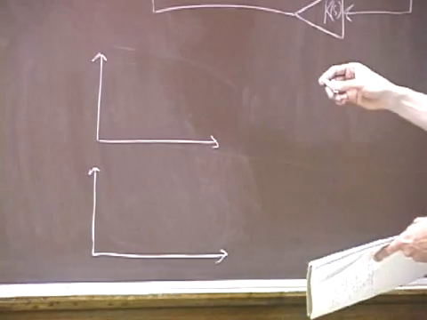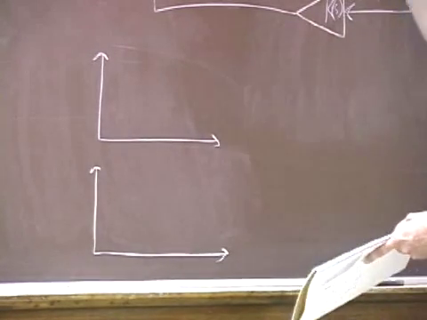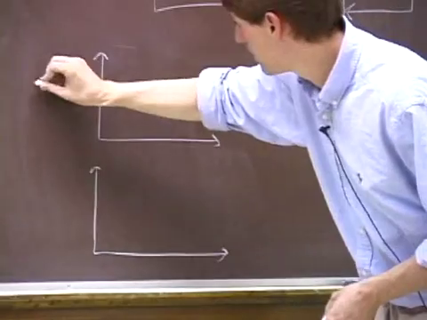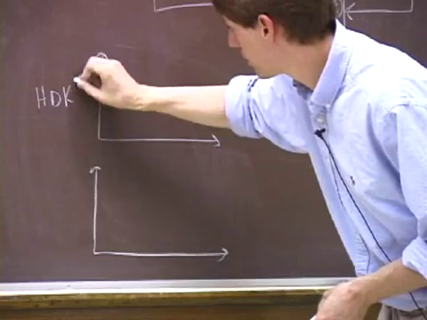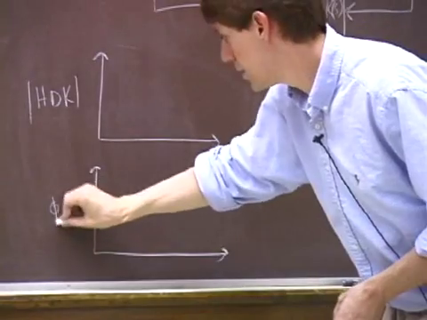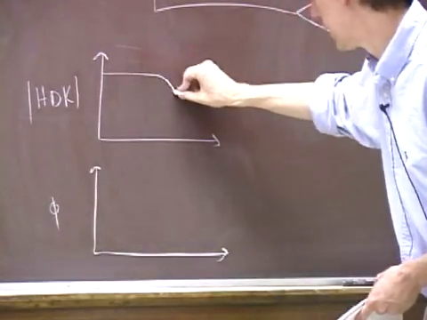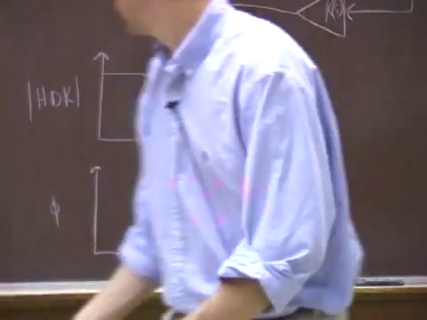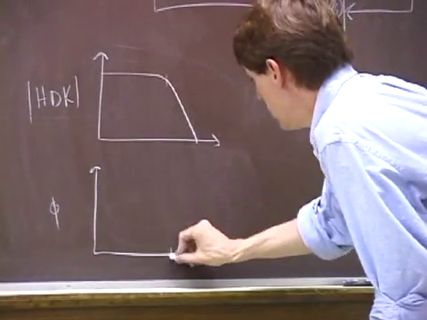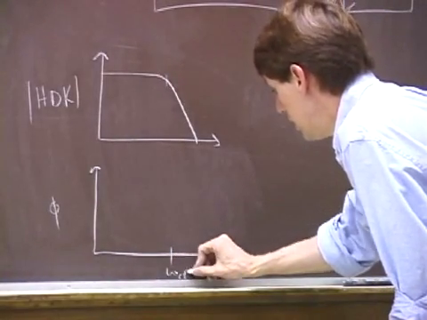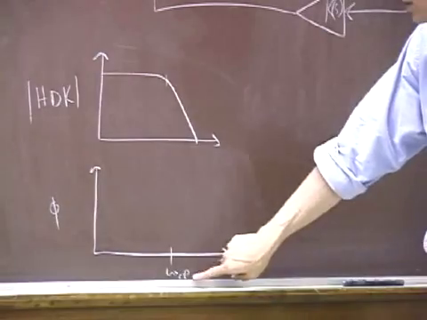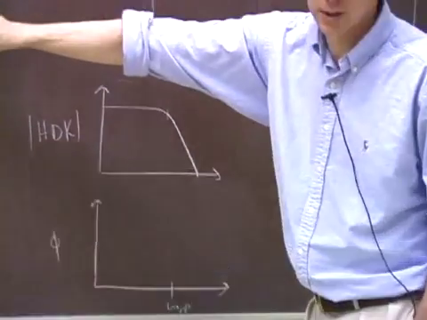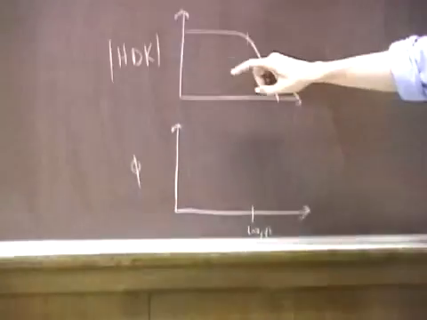So I'm going to draw a Bode plot of the total open loop gain, HDK, and its phase. And again, just like a low-pass filter, up to a frequency that corresponds to roughly 1 over the storage time of the cavity, the system is flat.